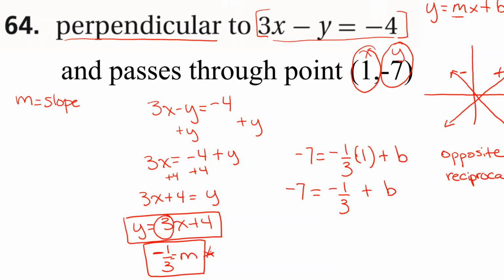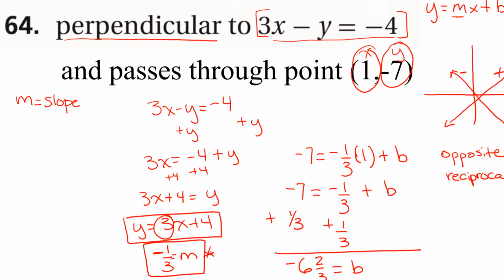Next I'm going to add 1/3 to both sides, and I end up with negative 6 2/3 equals b. I can go ahead and make that into an improper fraction. Negative 6 times 3 is 18, plus 2 is 20.